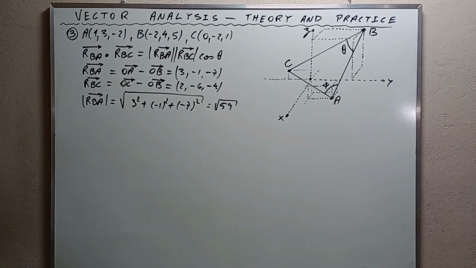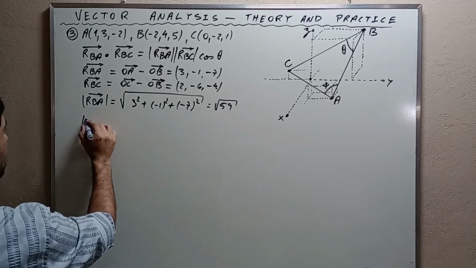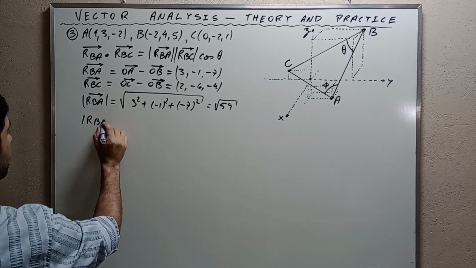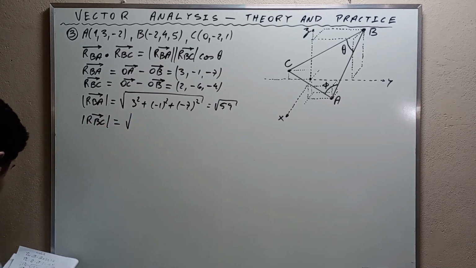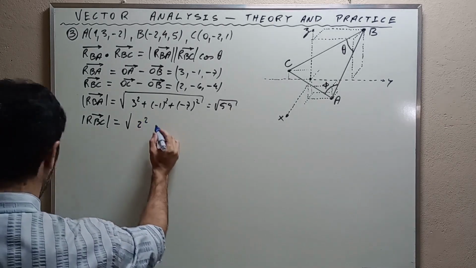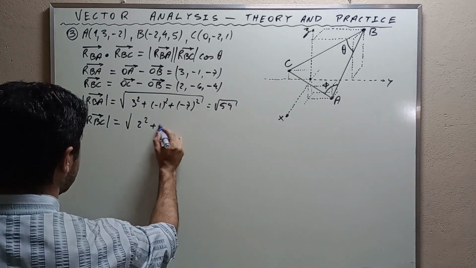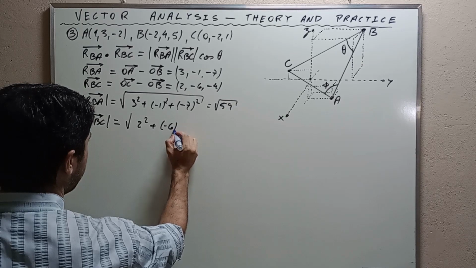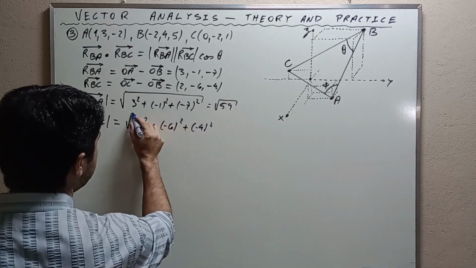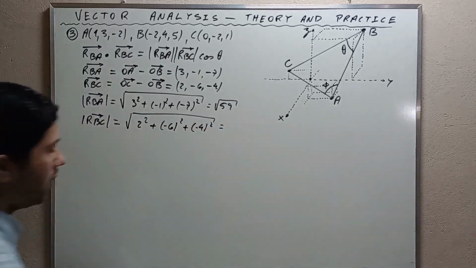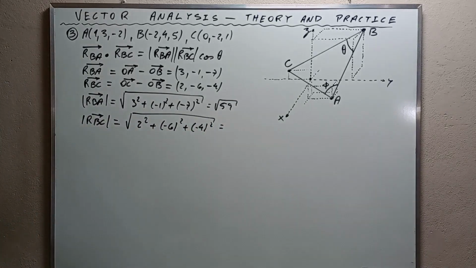And the magnitude of RBC is equal to the square root of 2 squared plus -6 squared plus -4 squared, and this is equal to the square root of 56.